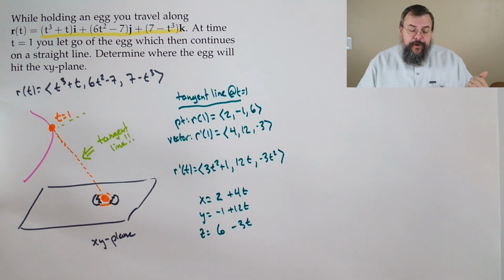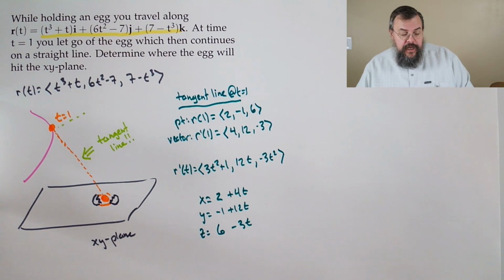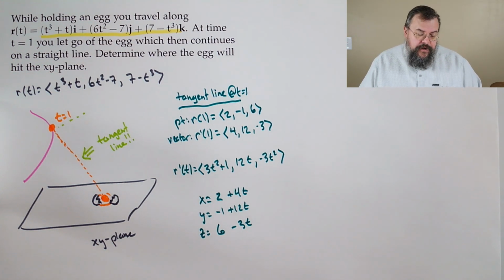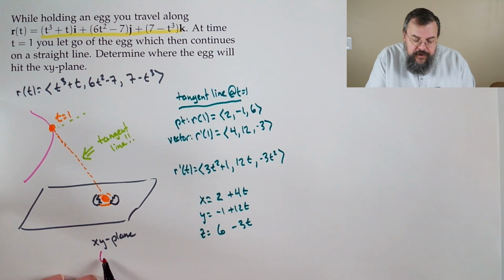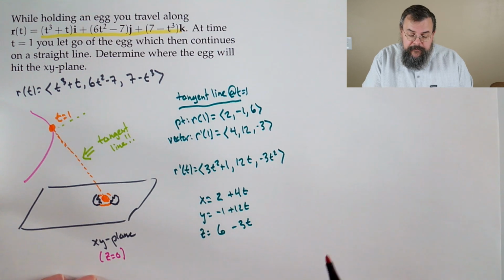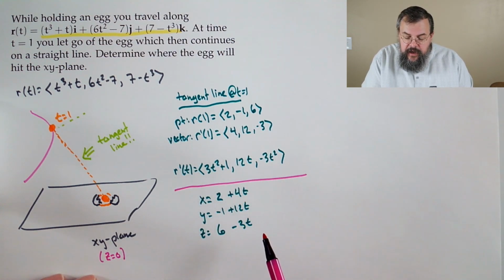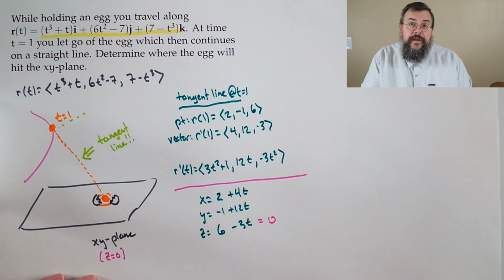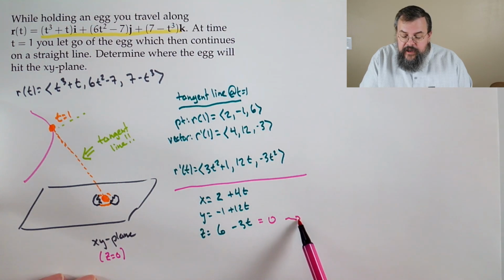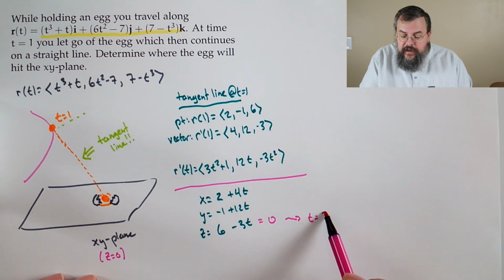So we want to know where we hit the xy plane. How do we know we're on the xy plane? Well, that would be true when z equals 0. So we come here to our line and ask, when does the z part equal 0? That's not so bad to solve for. We can rearrange. That tells us here that t needs to equal 2.